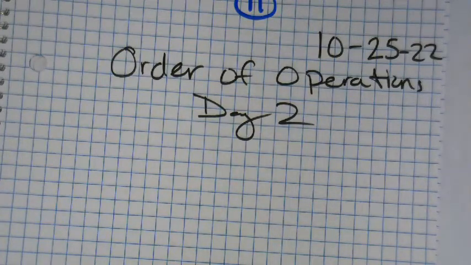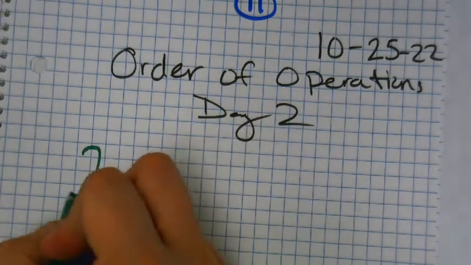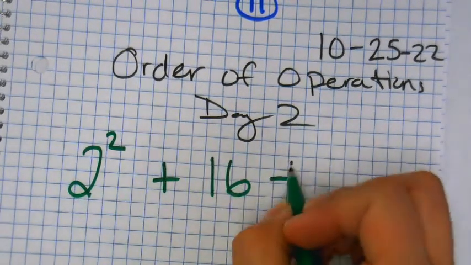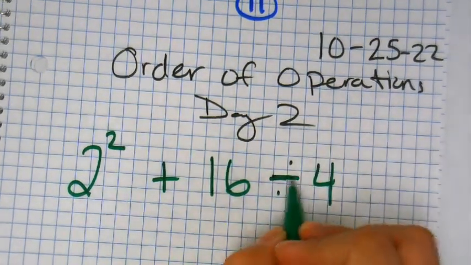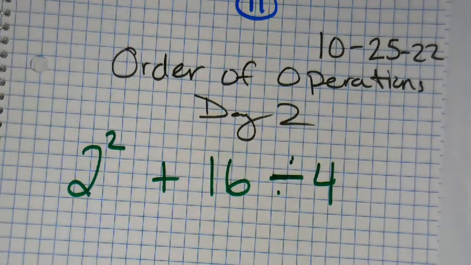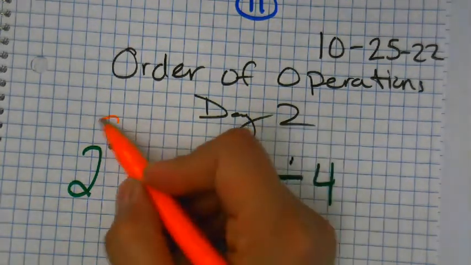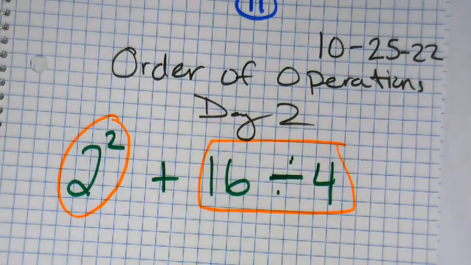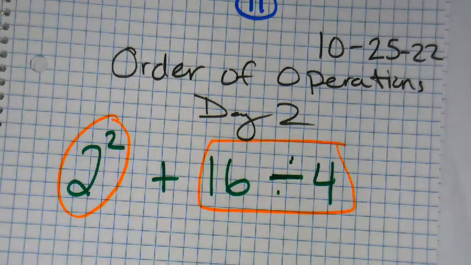All right, so 2 to the power of 2 plus 16 divided by 4. Remember, everything we circle except for your addition and subtraction sign. Do not circle that.